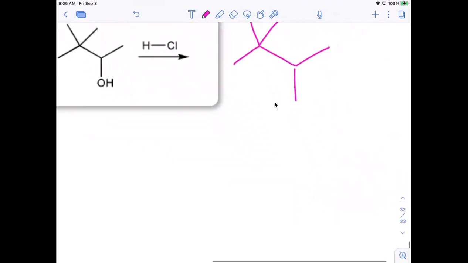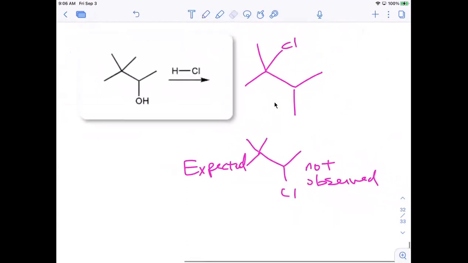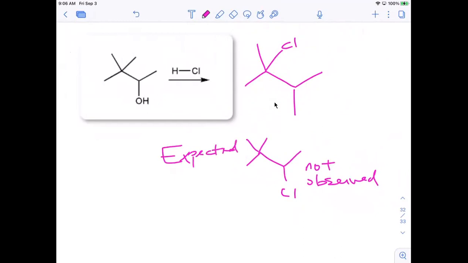The expected product is this. But it's not observed. Right?